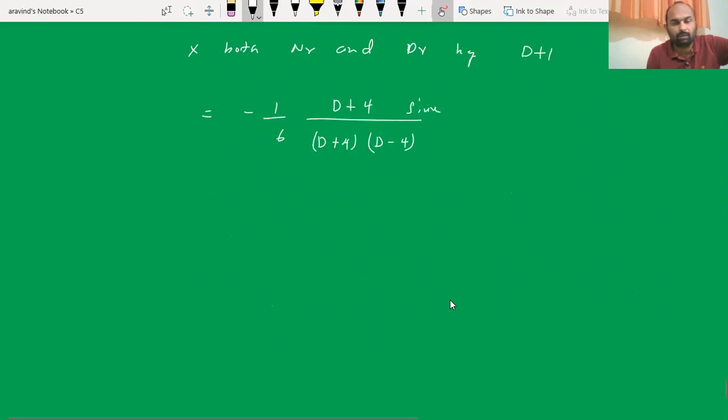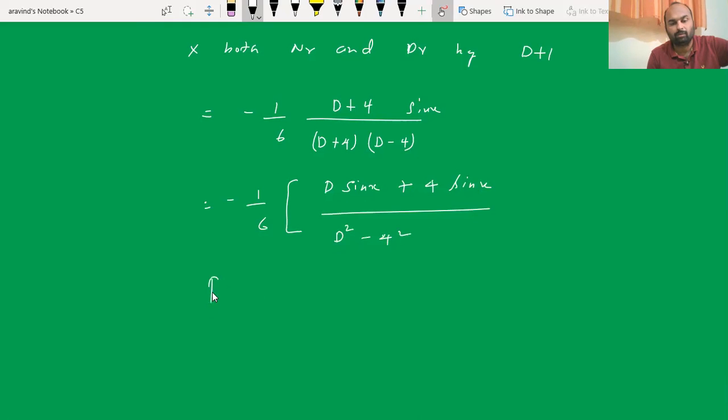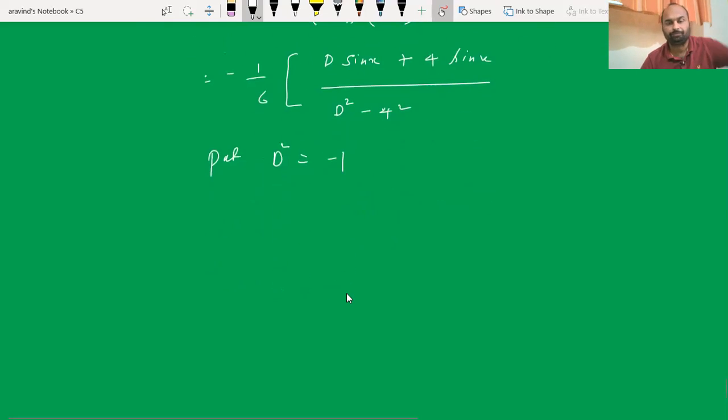So now let us solve. Minus 1 by 6 into d into sin x plus 4 into sin x. Now the denominator becomes d square minus 4 square. Now you substitute d square equal to minus 1 again.